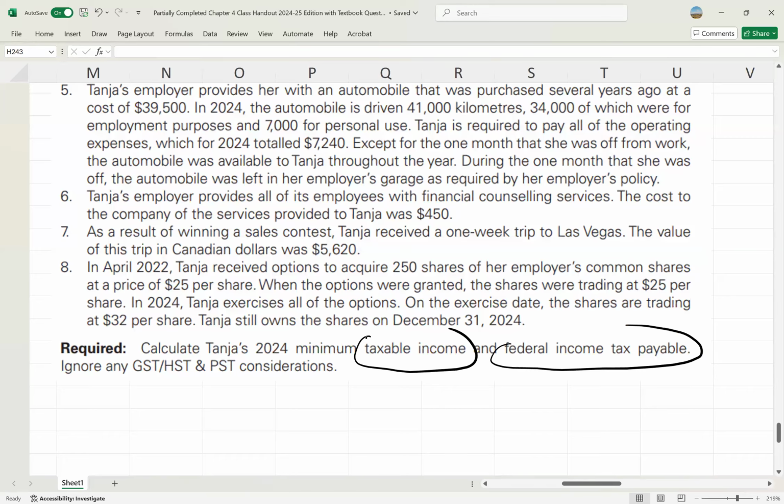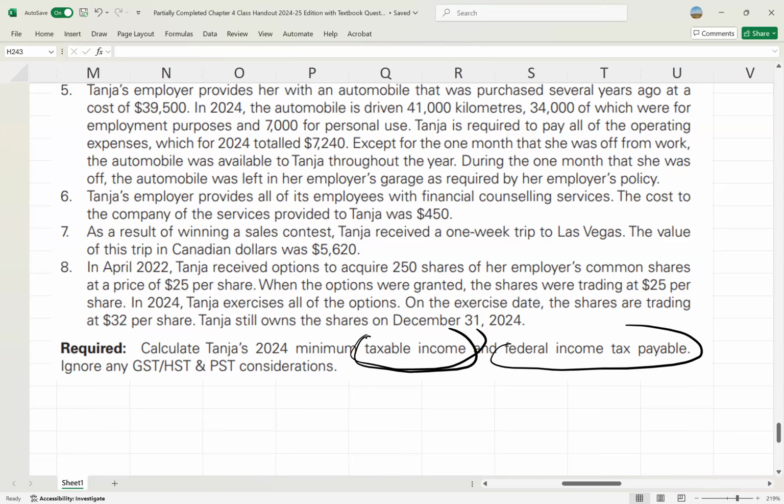Now, one thing that isn't really mentioned in the required is that in order to calculate taxable income, we're going to have to calculate her net employment income. So this is going to bring in a lot about what we learned in chapter 3 about how you might have taxable benefits, like that automobile standby charge, maybe those stock option benefits. So it's going to bring together a lot of what we learned in chapter 3 about employment income. Also going to bring in some things that we haven't learned yet about chapter 3.